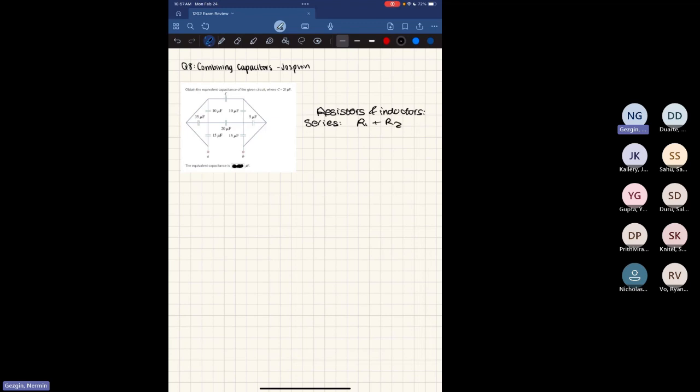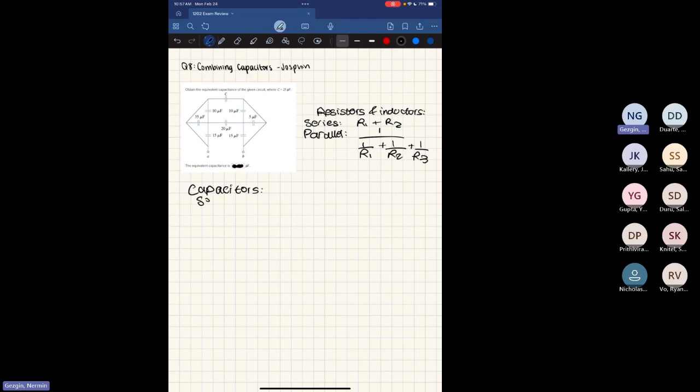That can also be L1 plus L2 if you're doing inductors. And if it's parallel, there are a couple ways to approach it, but personally this is the easiest one. Just do this for as many as there are, and it's the same thing with inductors as well. But for capacitors, it's best to remember that you sort of flip them.